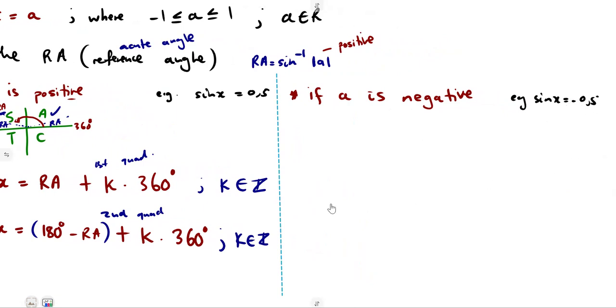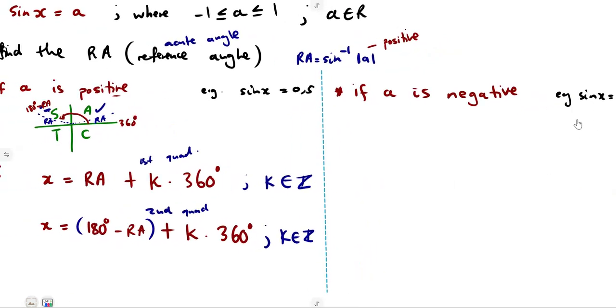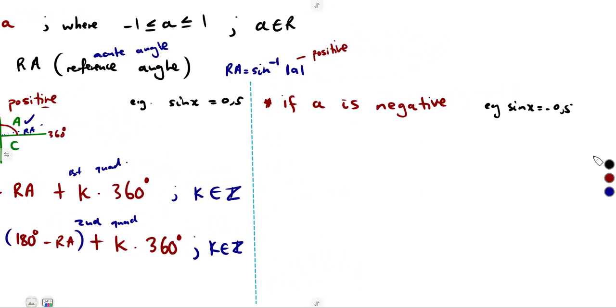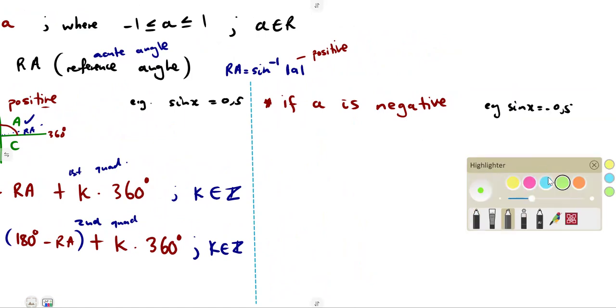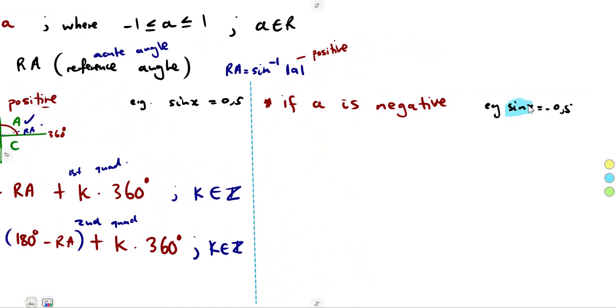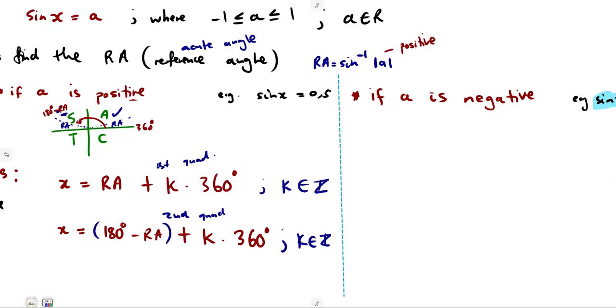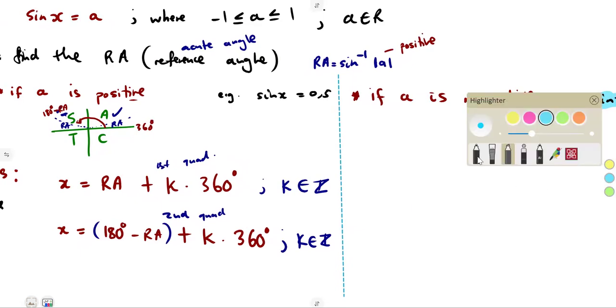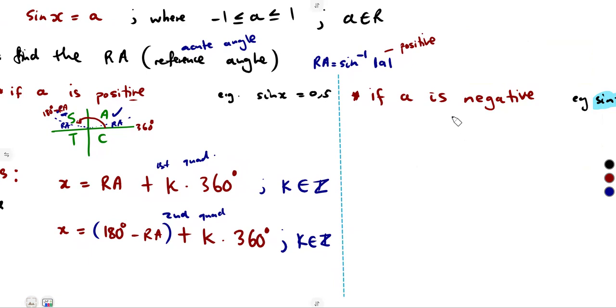This time you consider where the sign is negative. Where is it that the sign of a certain angle gives us a negative value? In which quadrants? From the CAST concept, where is it that sign is negative? In the third and the fourth quadrant.